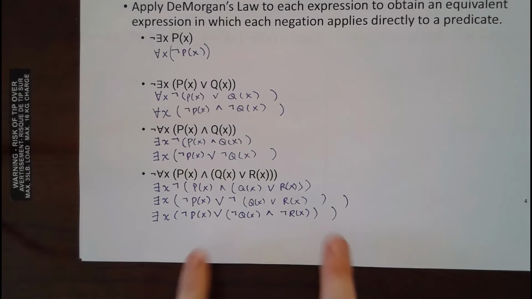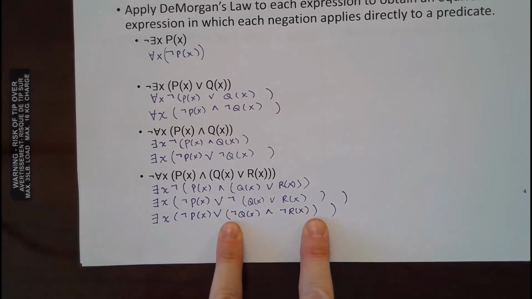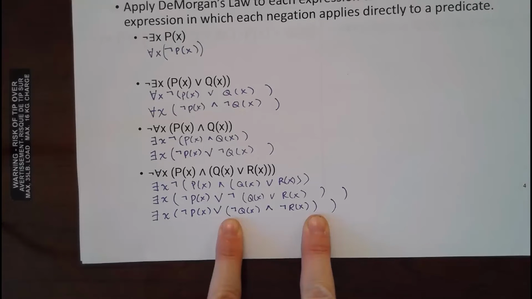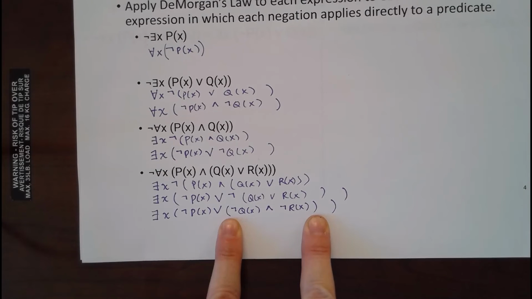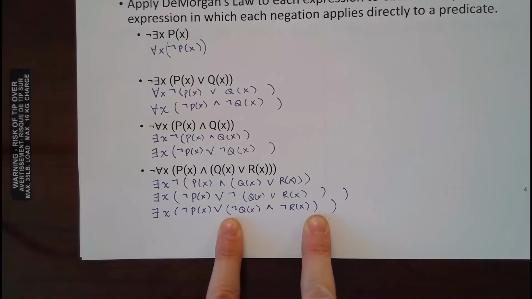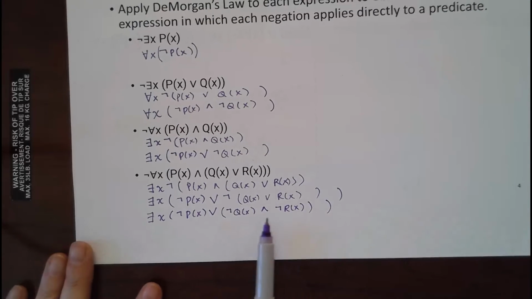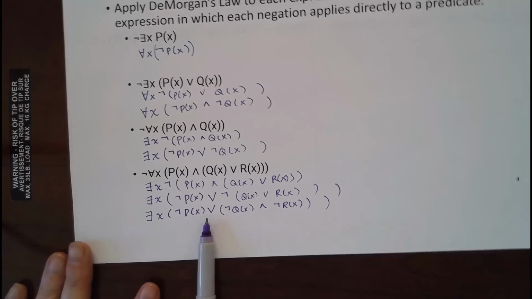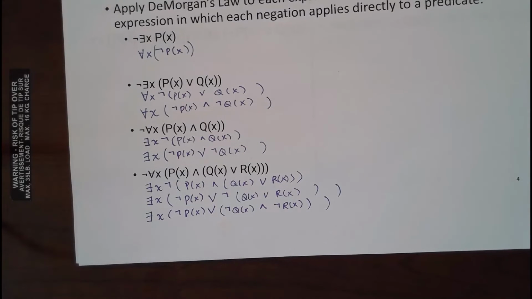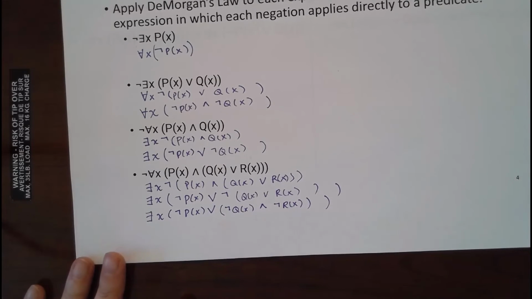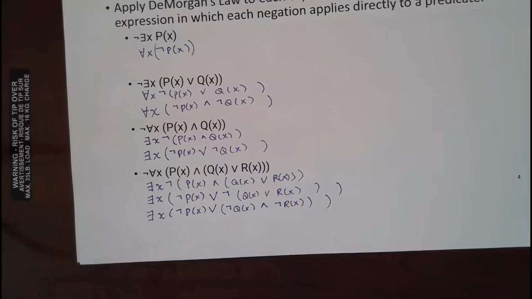A good question is, do I need this set of parentheses here? Technically no, because if I took them away, conjunction has higher precedence than disjunction, and so the order of operations would say I need to do it first. But is it really helpful to have the parentheses there so we remember?